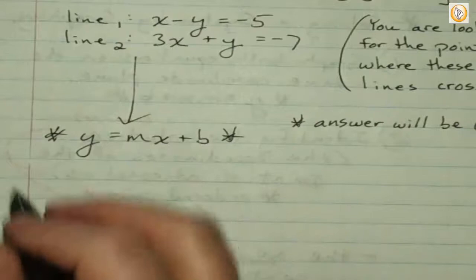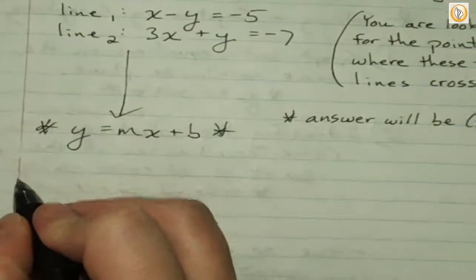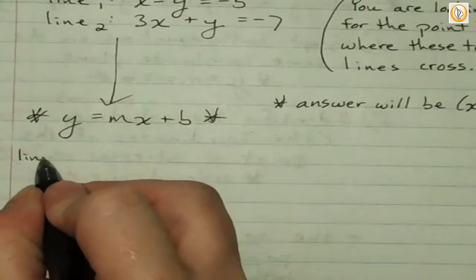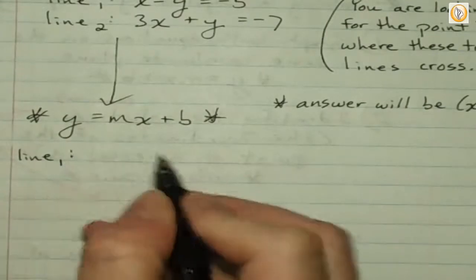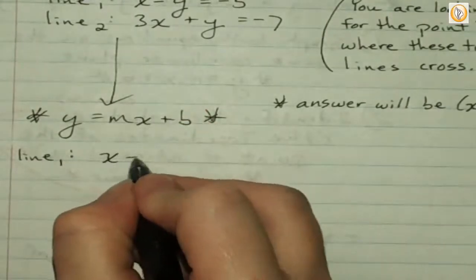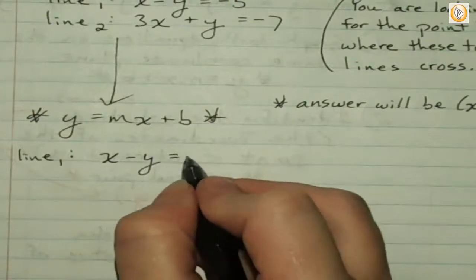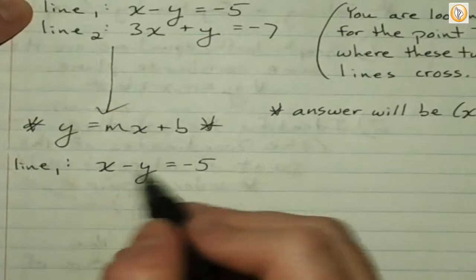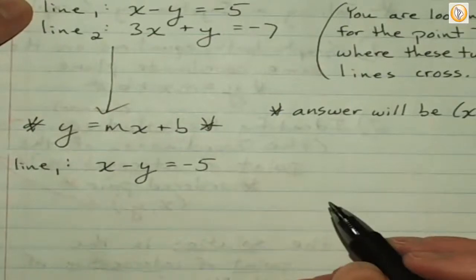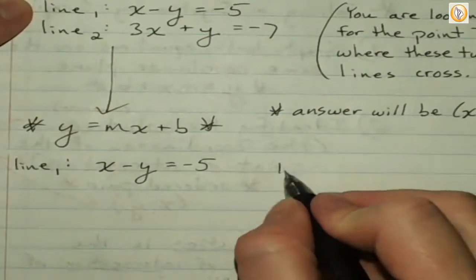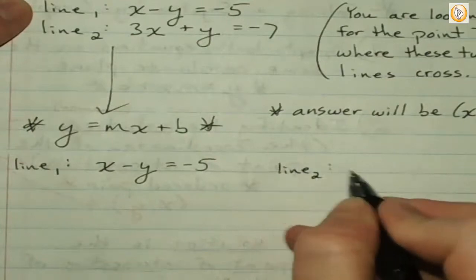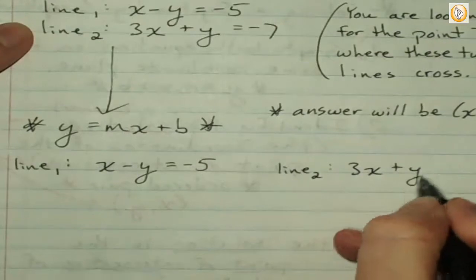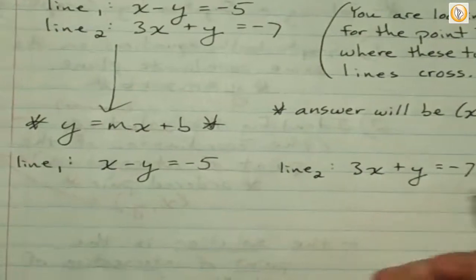So line 1, make sure I don't cut it off. It is x minus y equals negative 5. Line 2 is 3x plus y equals negative 7.